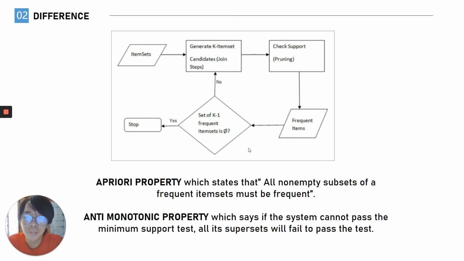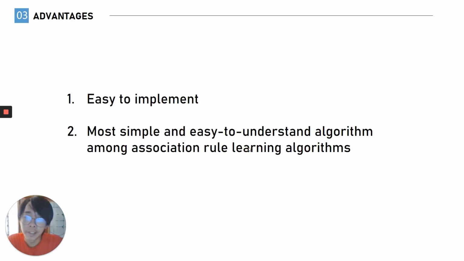The other is the anti-monotone property, which means that if an item set cannot pass the minimum support test, then all of its supersets will also fail the test. This is basically used for the pruning process: if an item set doesn't meet the minimum support, then its supersets will also fail to do so.